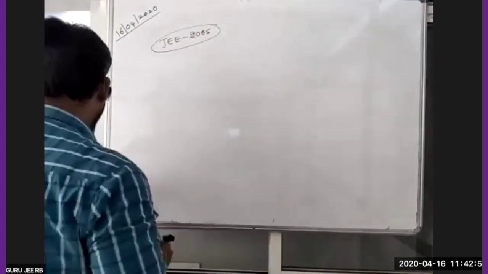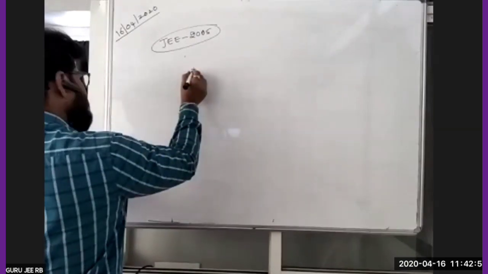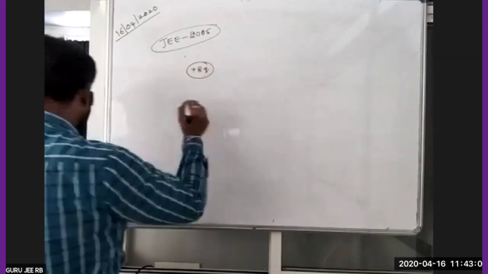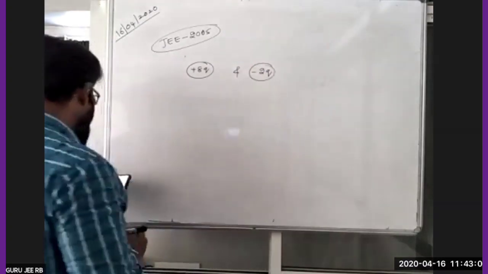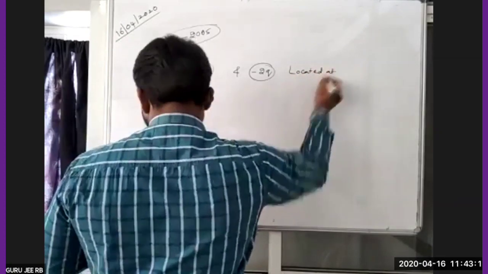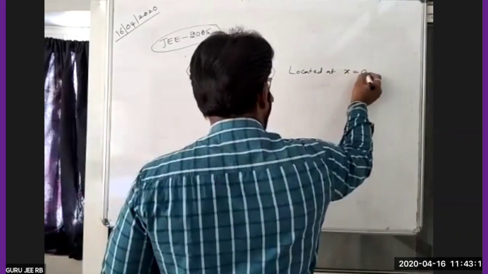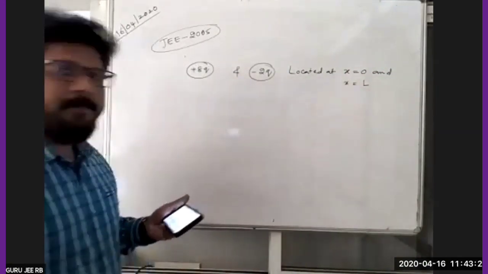Two point charges, plus 8q and minus 2q, are located at x equal to 0 on the x-axis and x equal to L respectively.